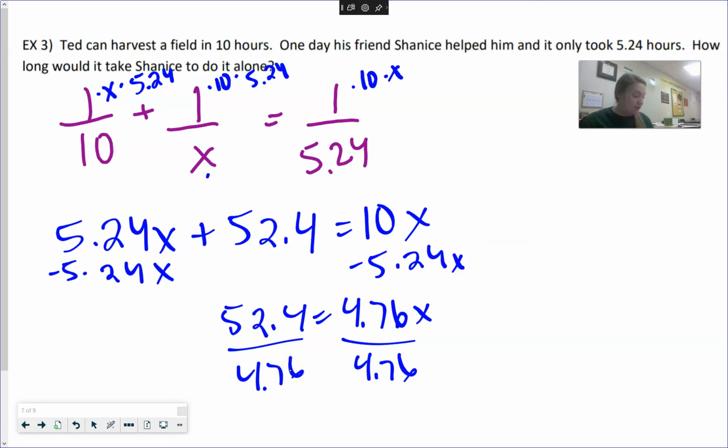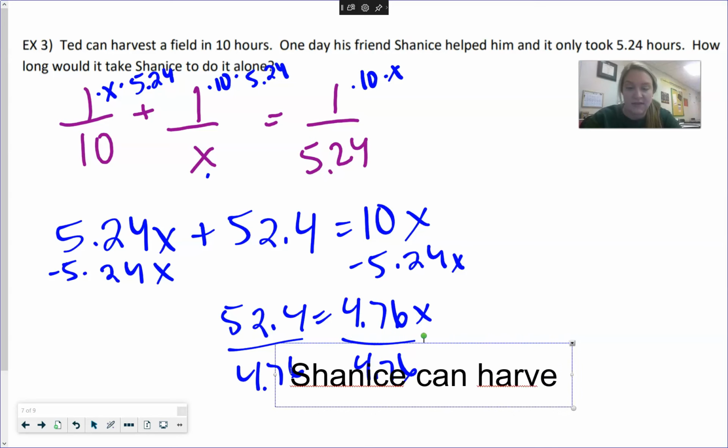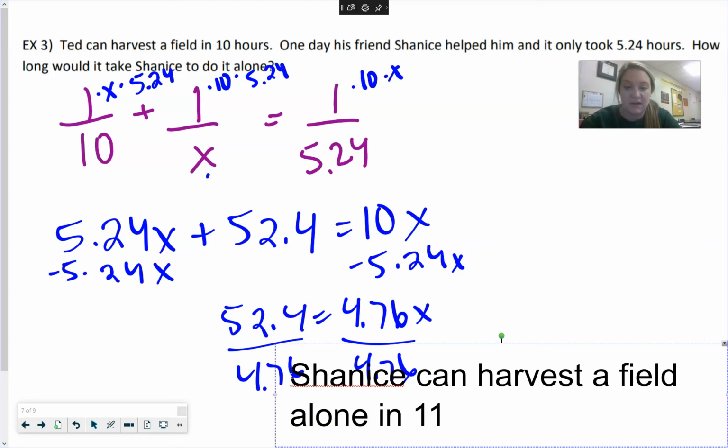So 52.4 divided by 4.76 gives me exactly 11 hours. So Shanice can harvest a field alone in 11 hours.